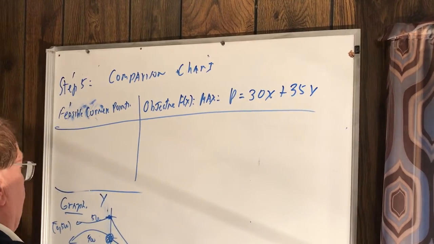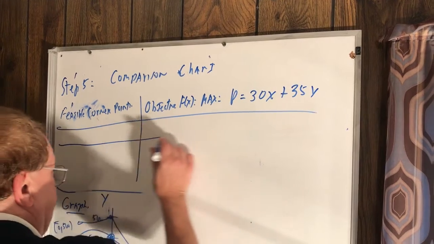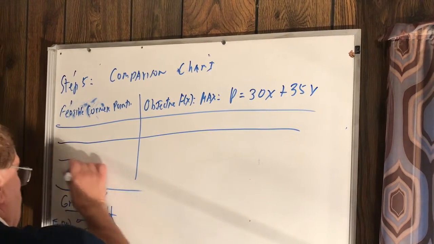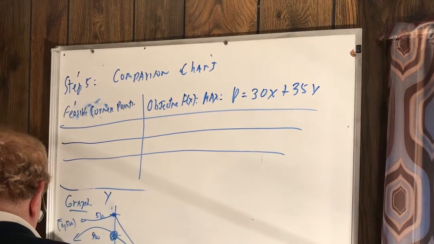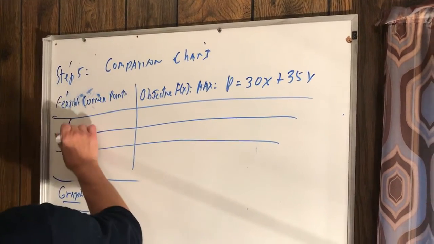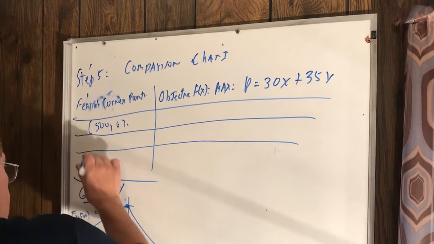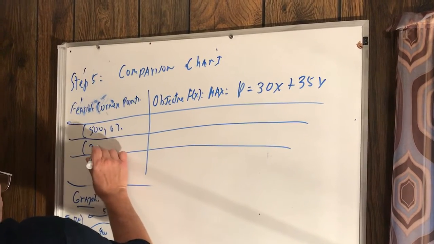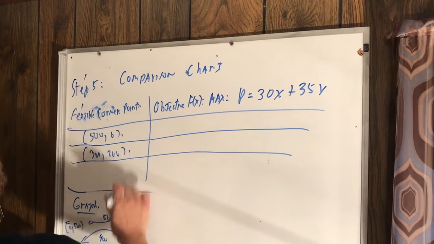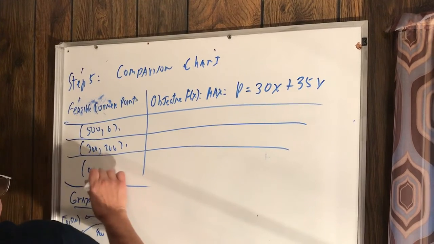I'm not going to do 0, 0 because that's ridiculous. So I'm going to do the other points, 500 and 0, 300 and 200, and 0 and 400.